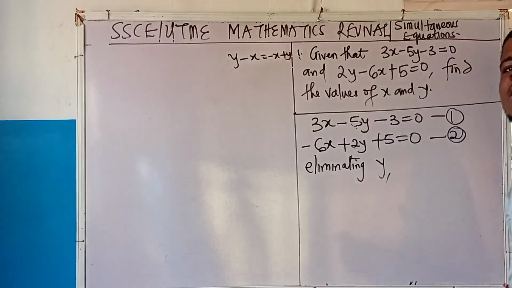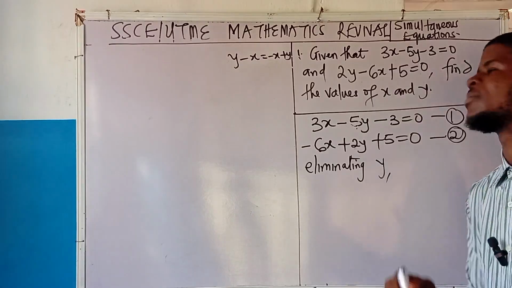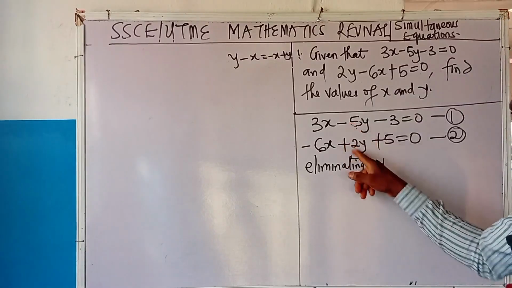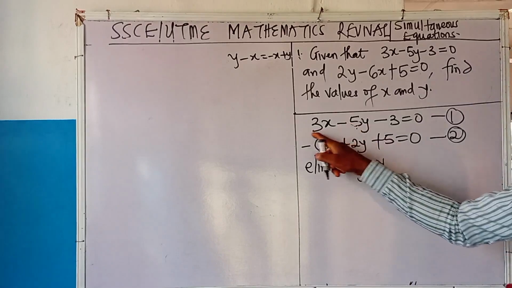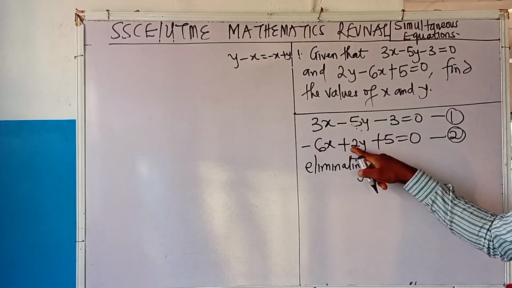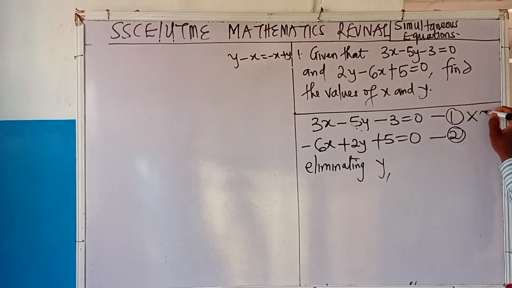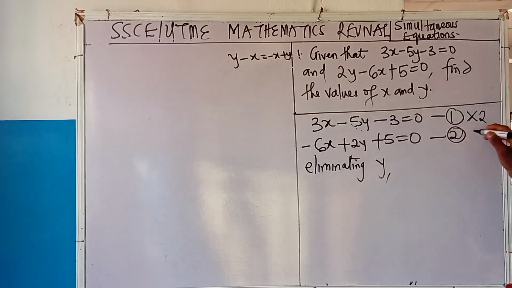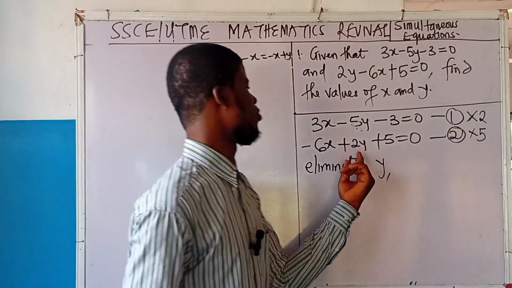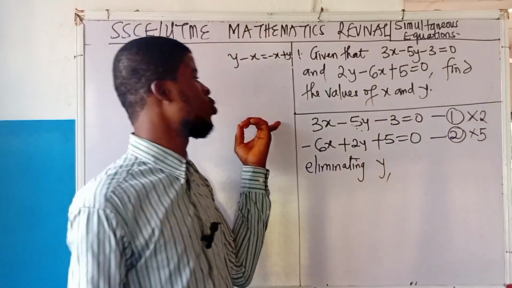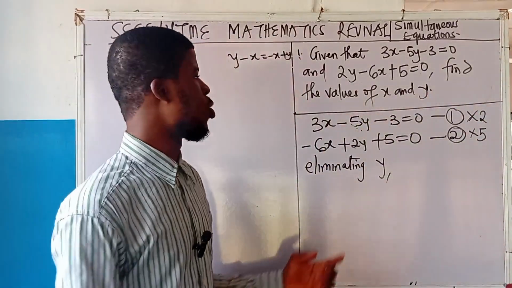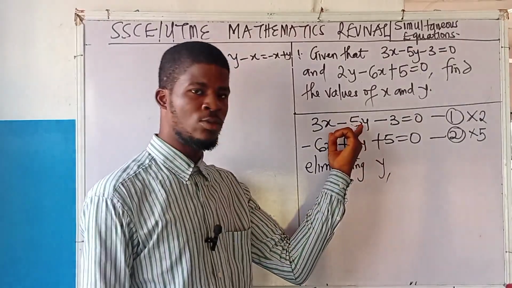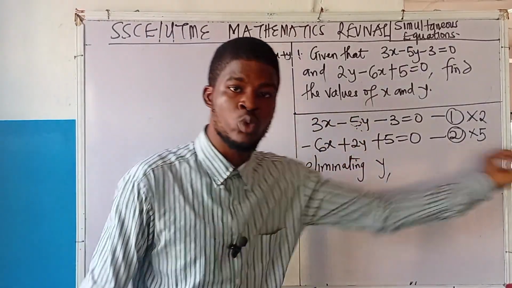But the easiest way to eliminate is this. Multiply the whole of equation 1 by this 2, then multiply the whole of equation 2 by the 5. So I'm using the coefficient of y in the second equation to multiply the whole of equation 1, and the coefficient of y in the first equation to multiply the whole of equation 2.